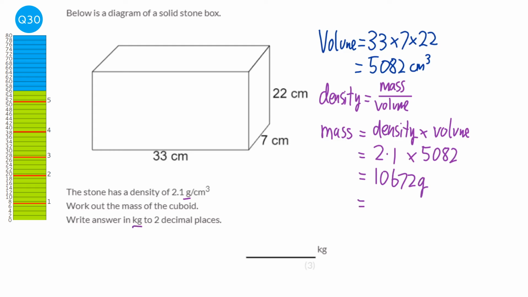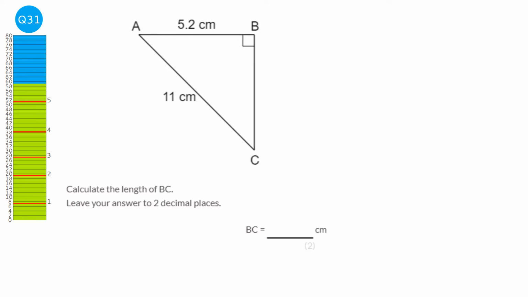So to convert that to kilograms, we just divide by 1,000, and we get 10.672. Then we need to round that to 2 decimal places, and so that would be 10.67 kilograms.